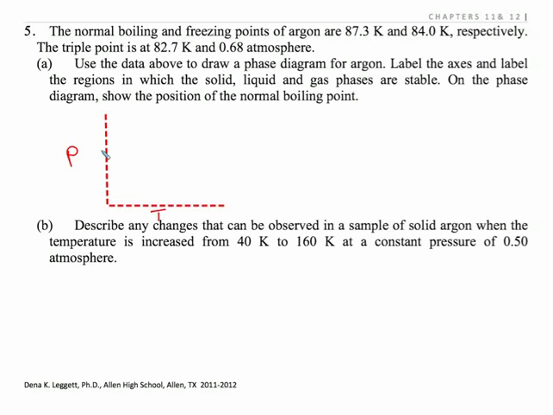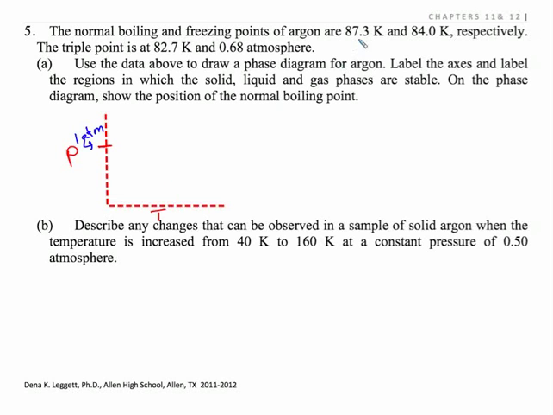Now it gives me the normal boiling point. So normal means, let's put that in a different color so we can see that, at 1 ATM. So at 1 ATM, we have a freezing point and a boiling point.